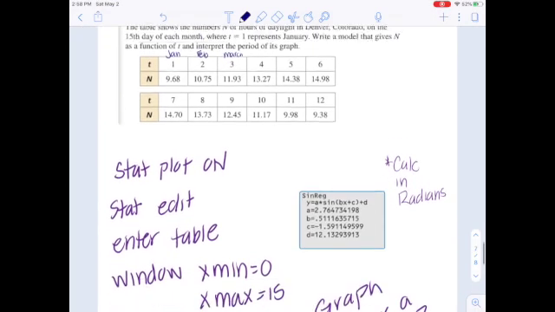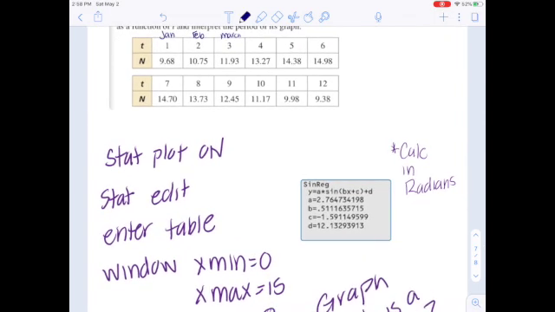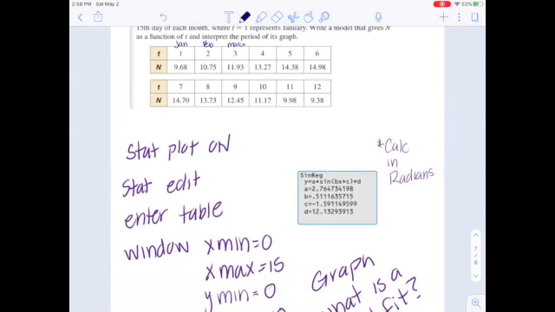All right, so turn your graphing calculator on, follow these steps, and get all that data into your graphing calculator. So make sure you turn your stat plot on, and then you're going to go stat edit and enter all of your data into your L1 and L2.